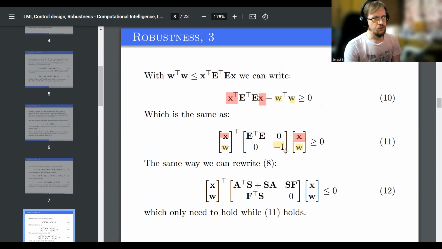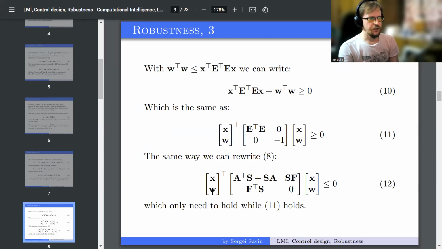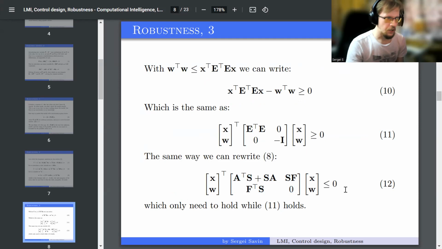We have identity from the omega, and we have e times e from x's. And if you multiply it, it will become the same. The same way, we can rewrite this expression here in terms of those variables. So we will get x omega equal to this guy and this guy. So it is possible in both cases. Okay, good.